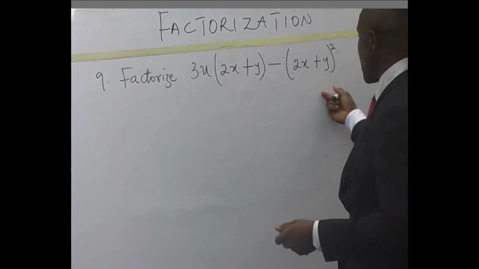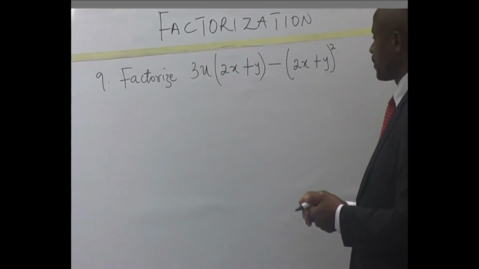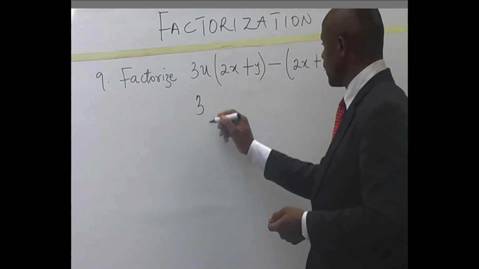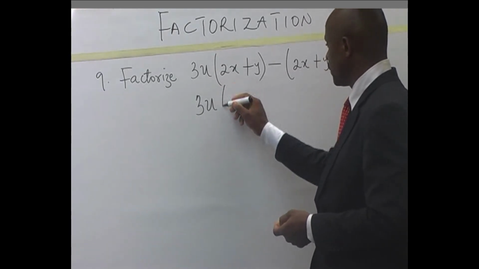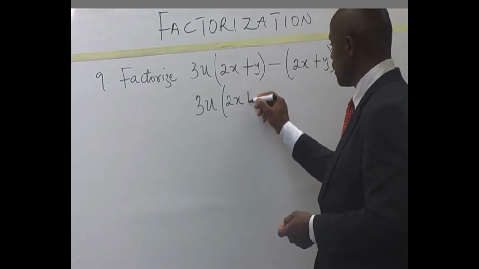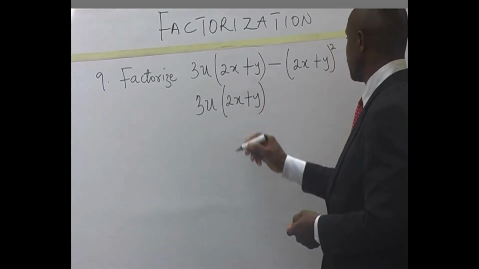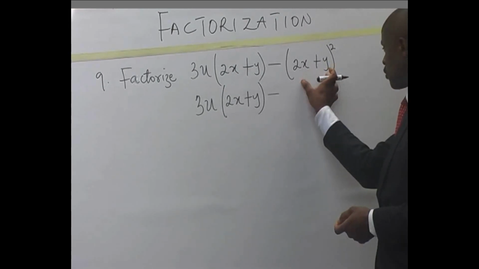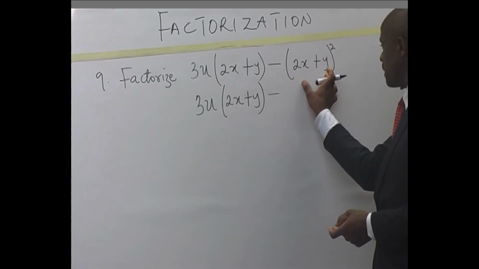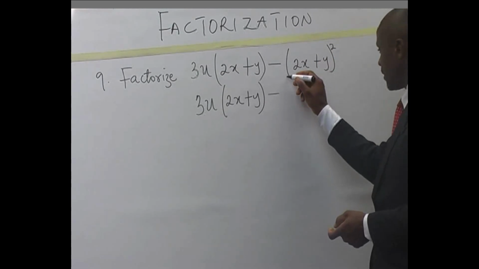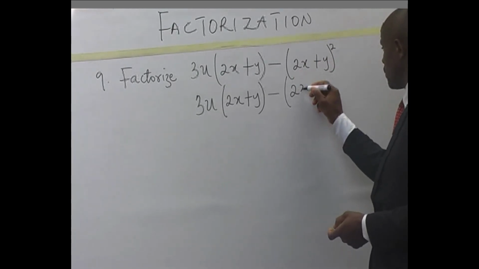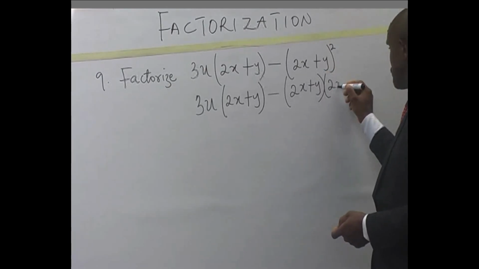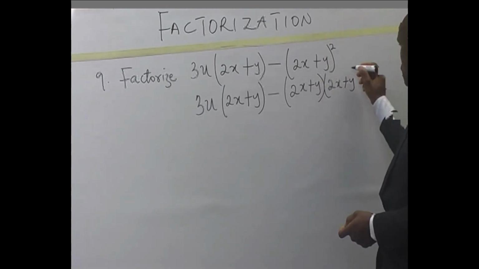This is the next we are to factorize. We have 3u into 2x plus y, minus. This means what you have inside the bracket multiplies itself twice. That is 2x plus y into 2x plus y.